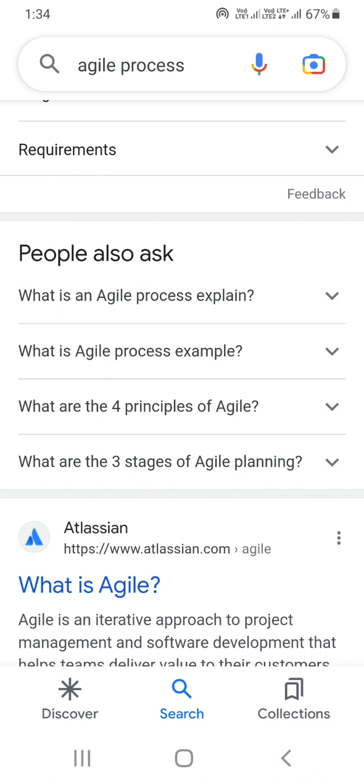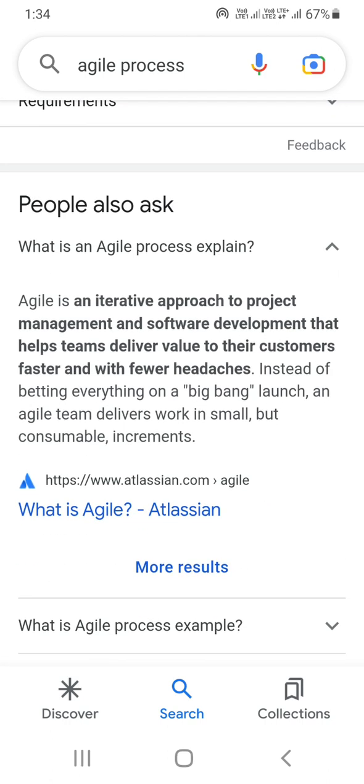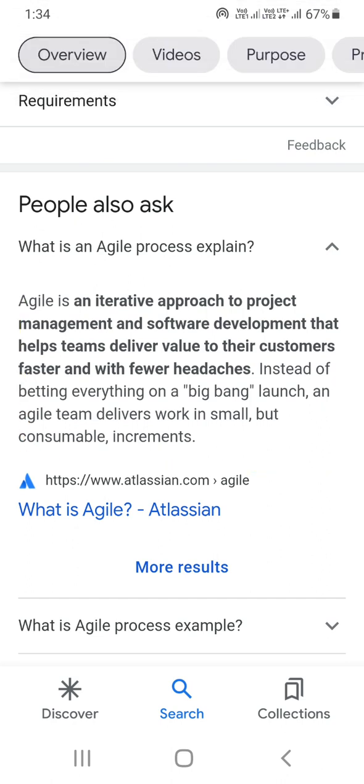Agile is an iterative approach to project management and software development that helps deliver value to customers faster and with fewer headaches. Instead of betting everything on a big bang launch, deliver work in small but consumable increments.